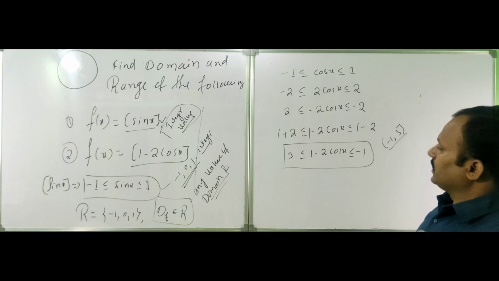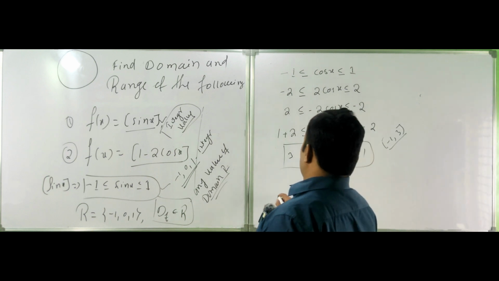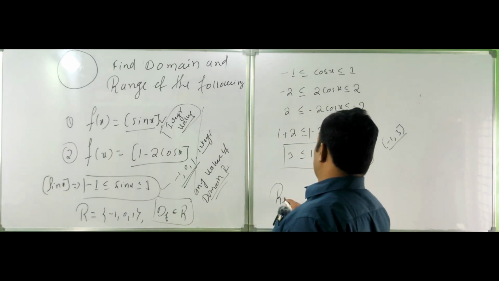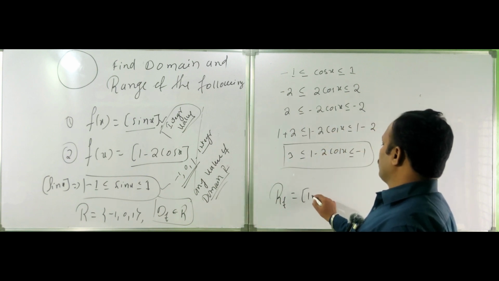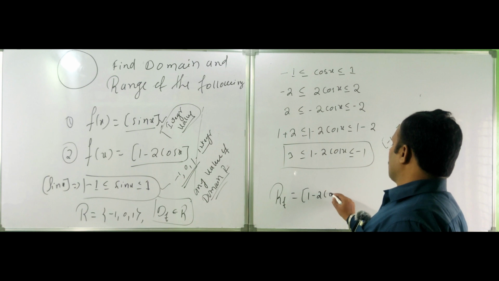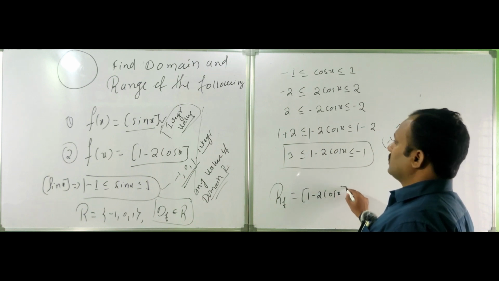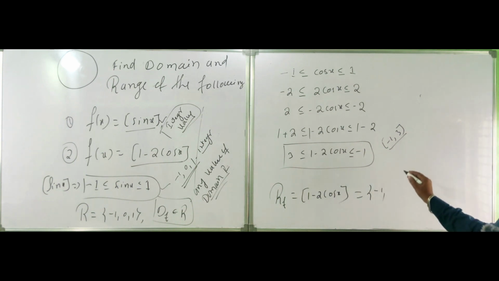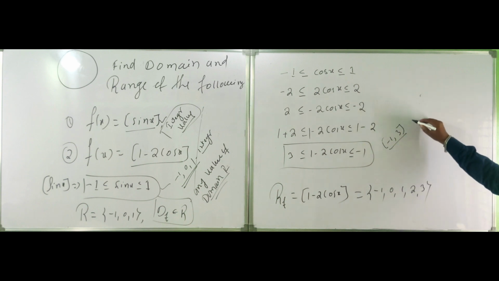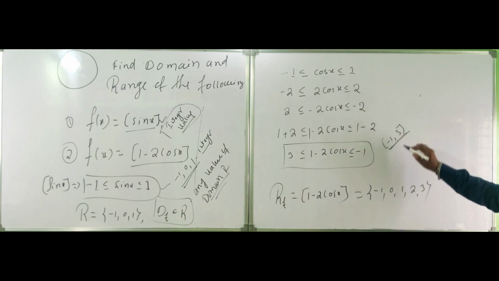Therefore, the range of f, 1 minus 2 cos x, gives only the values minus 1, 0, 1, 2 and 3, because it is a closed bracket.